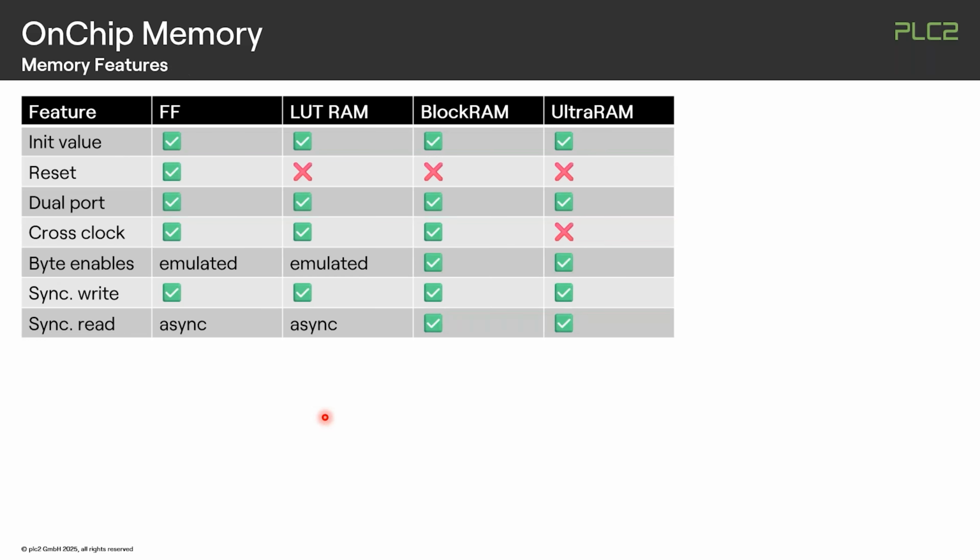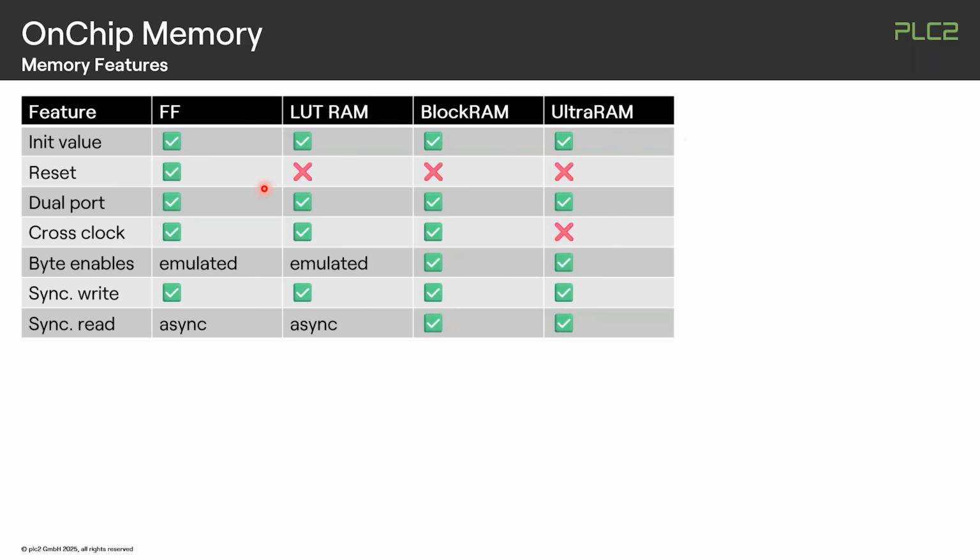Comparing the different features of memory, I tried to make columns here for our 4 technologies and then write down what features are available. So all memories can be initialized. This depends also a little bit on the vendor itself. In Xilinx devices, for example, you can initialize flip-flops either to zeros or to ones. Other vendors are limited to init values of 0 or reset values.